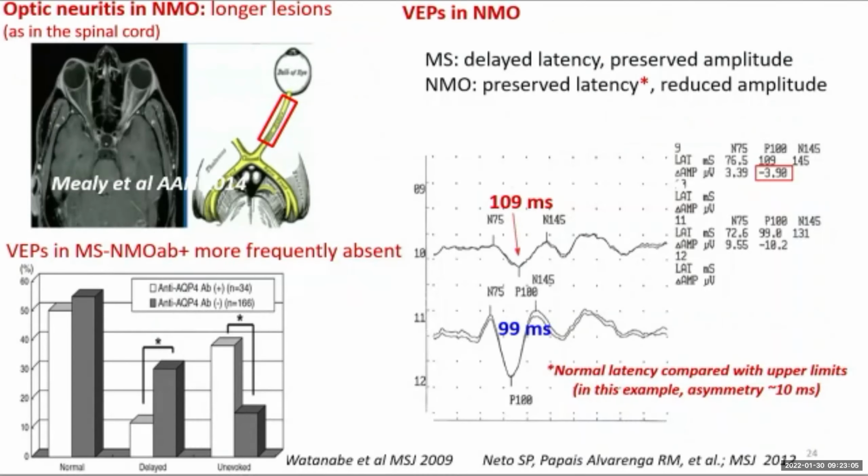But also, the visual evoked potentials are differently affected in the two diseases. It was already shown from a Brazilian cohort that the VEPs are less affected in latency compared with amplitude, which is more affected, or they can even be absent in NMO anti-aquaporin positive patients.